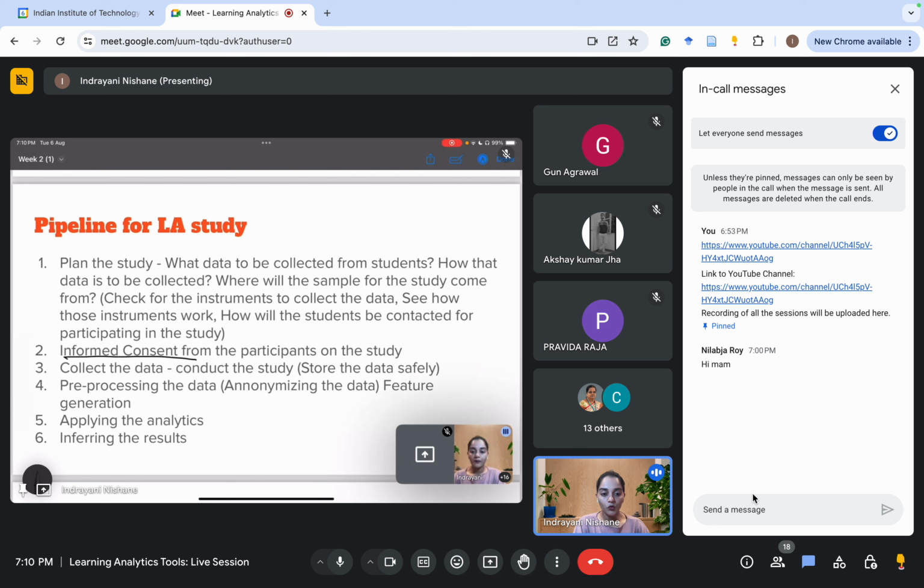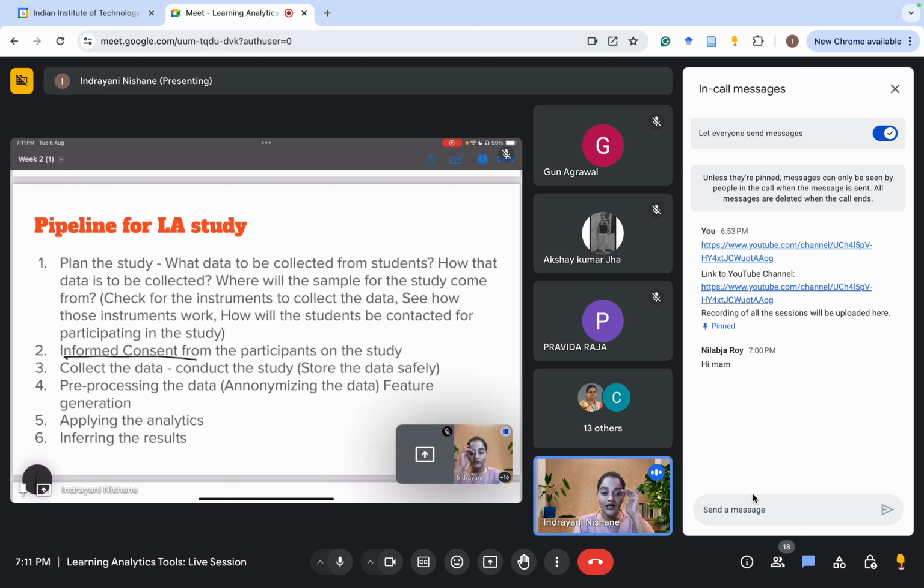When we approach students, we give them an informed consent form where we explain how we are going to collect the data. All the detailed steps are mentioned in the consent form, such as first we will introduce you to the system, which is PyGuru. We will give a demo.